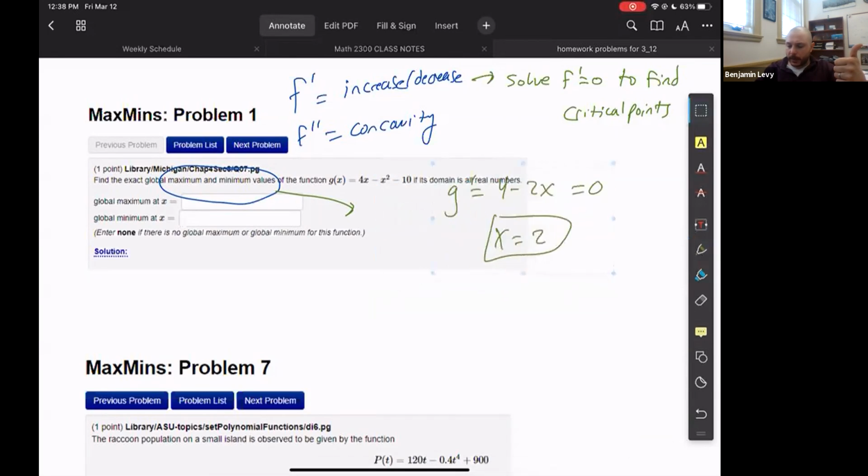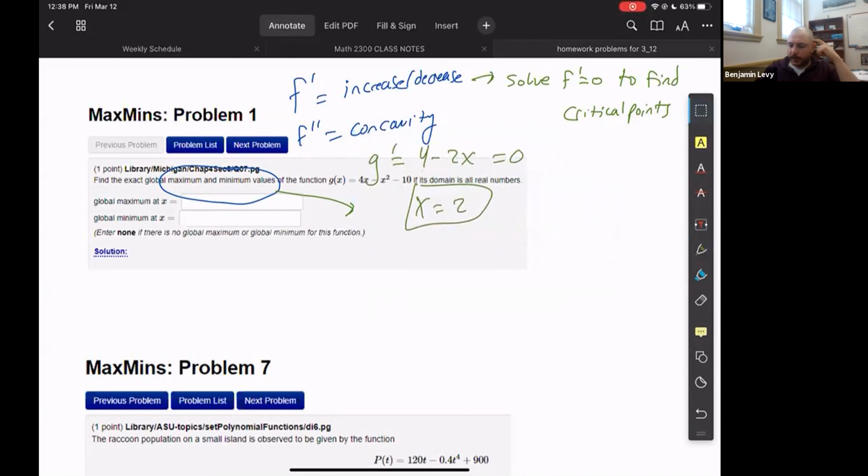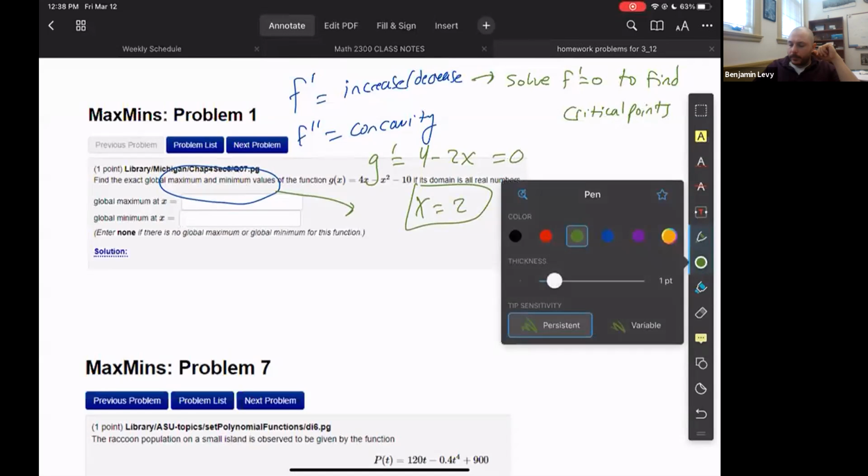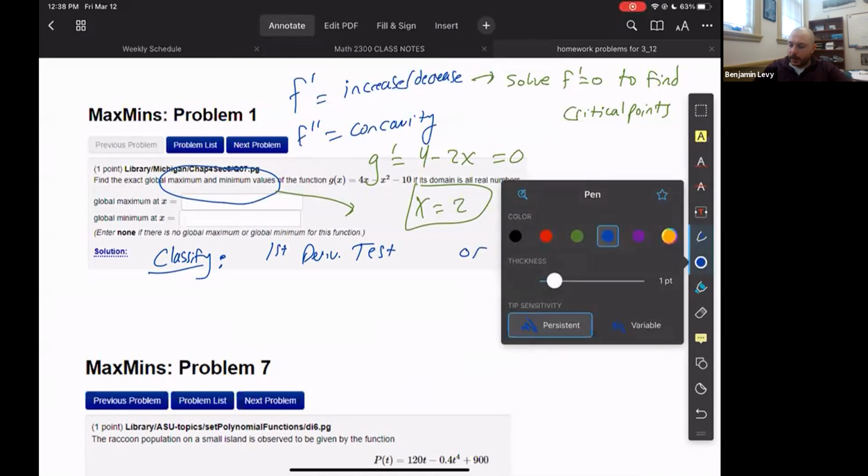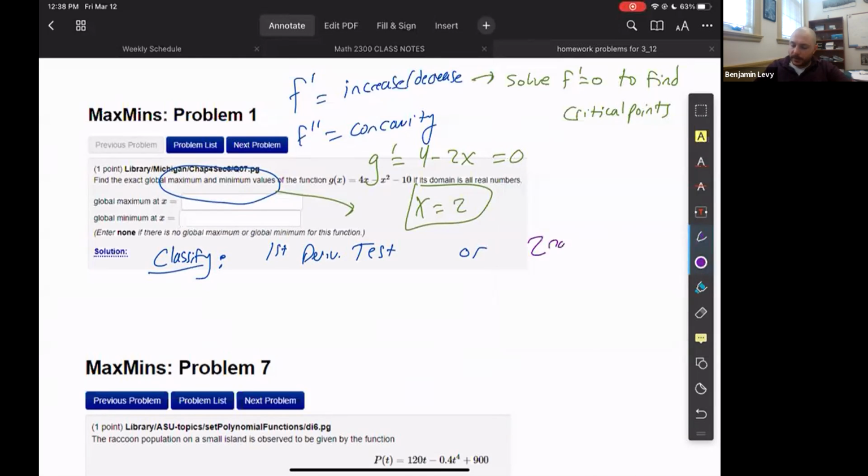Let me move that out of the way a little bit. To classify, this is the thing we've been working on the last week plus. You can either use the first derivative test, or in another color maybe, we can do the second derivative test.